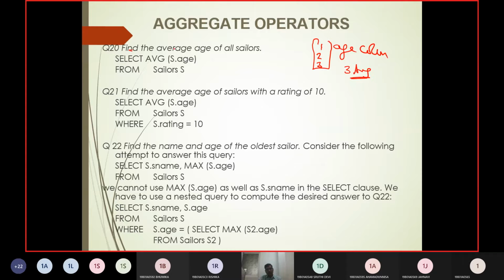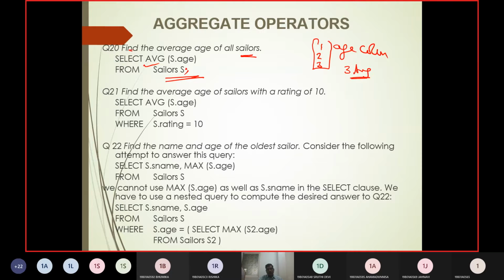Similarly, we apply it on the Sailors table. We are not looking in the Reserves, or in the Boats. We purely work with only the Sailors table, and thereby we derive it.